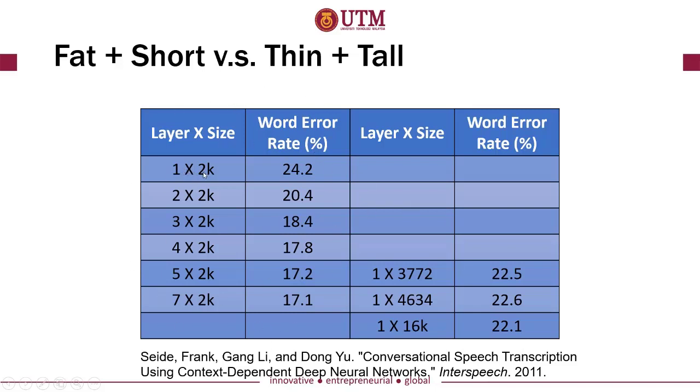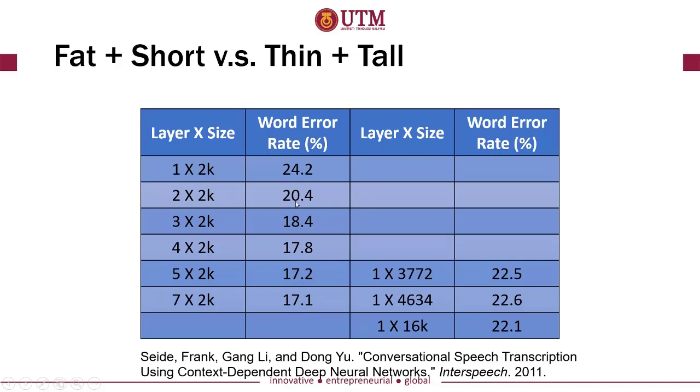Okay, now see these two columns. One layer with 2000 neurons gives 24.2, which is close to this error here, because this is still one hidden layer, so it's not considered deep learning because it's a single layer. Now let's say you add two hidden layers. Each layer has 2000 neurons, meaning the total is 4000 neurons.